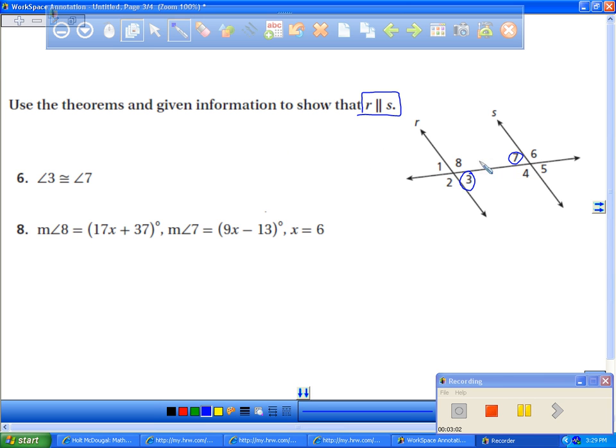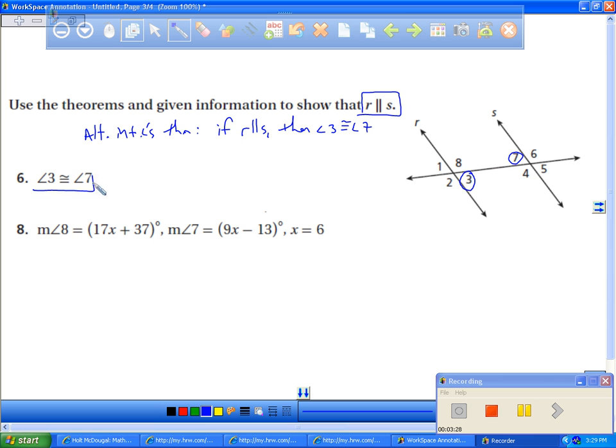They seem to be alternate interior angles, right? So the alternate interior angles theorem would say that if R is parallel to S, then angle 3 is congruent to angle 7.